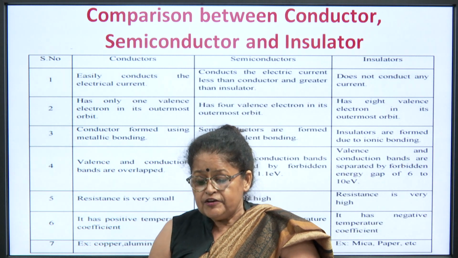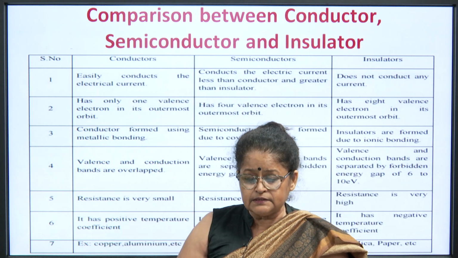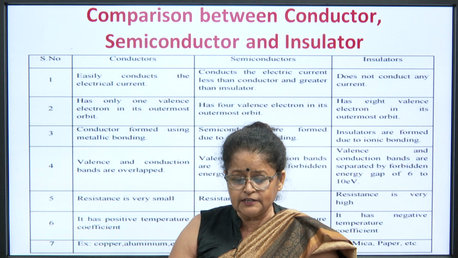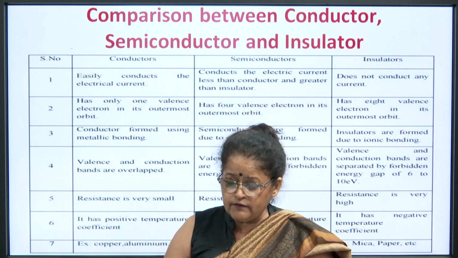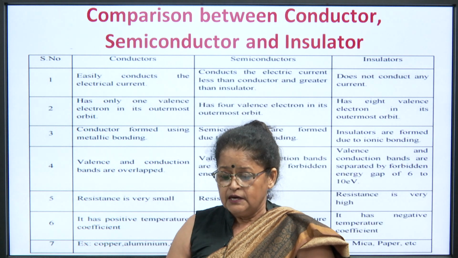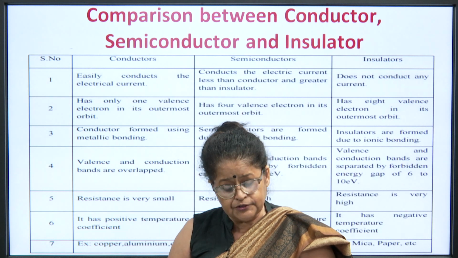Insulators do not conduct any current at all. Conductors have one valence electron in the outermost orbit. Semiconductors have 4 valence electrons in the outermost orbit, and insulators have 8, the octet being complete.